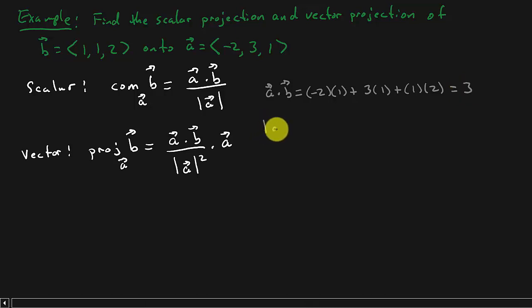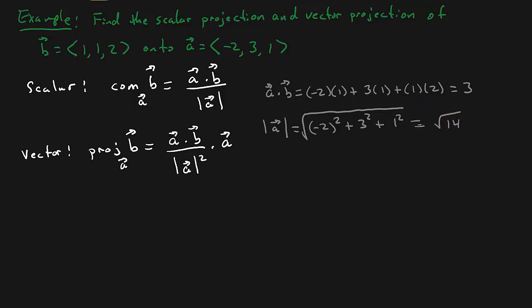And then we need the magnitude of A. That's going to be the square root of -2 squared plus 3 squared plus 1 squared, and that ends up being the square root of 14. All right, so now we're ready to find it.